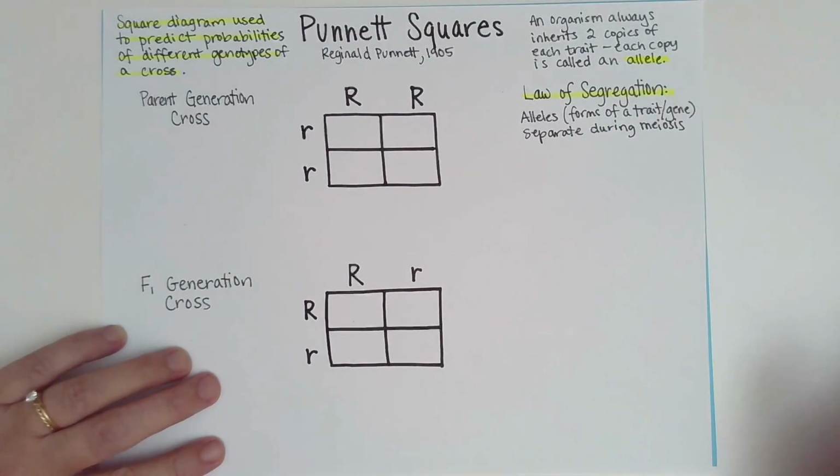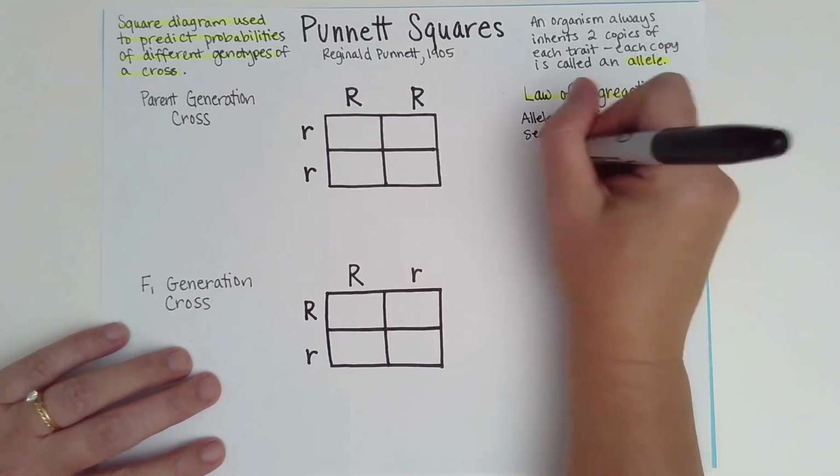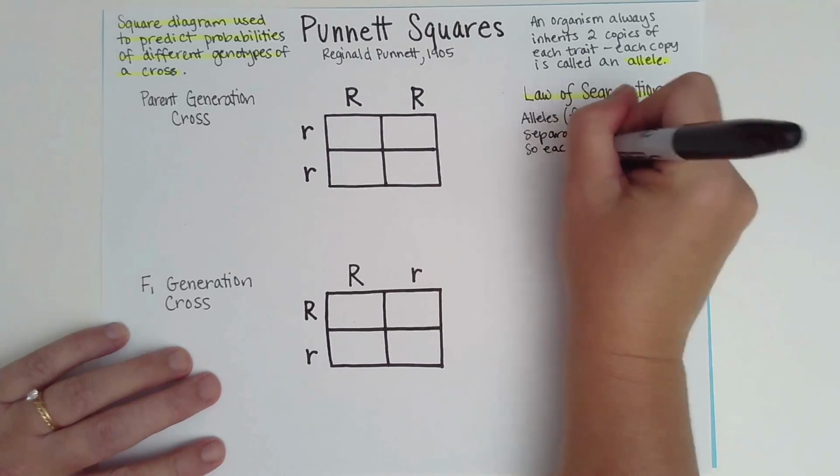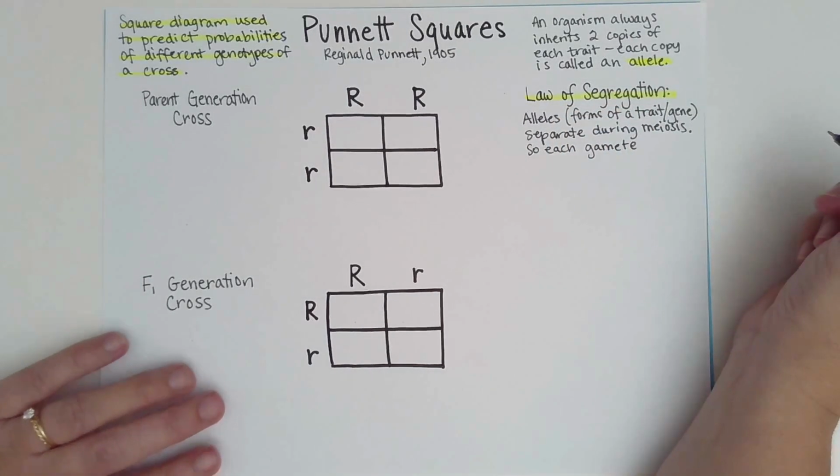So the mom's egg will have one of her copies, and the sperm will have one of the copies that came from the dad. So the gametes only get one of the copies that their parents had. They don't get both. So each gamete, and that gamete is a word to indicate either eggs or sperm.